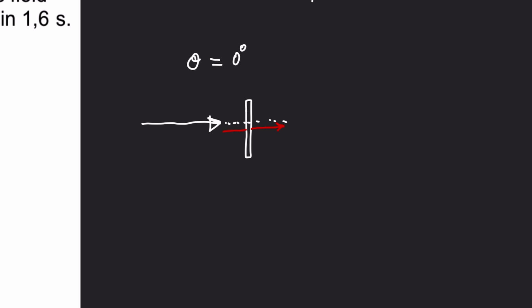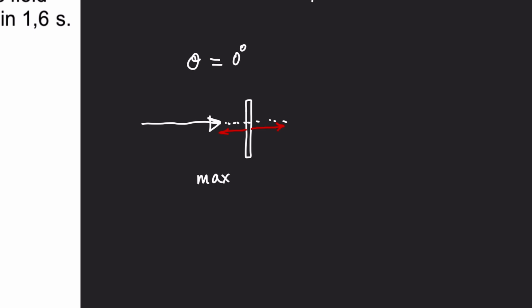So the normal of the coil would actually go to the right or to the left, and that means the angle is then 0. Just remember that theta is the angle that the magnetic field makes to the normal of the coil, not the coil itself. So when it's like this, that's when you're going to get a maximum.